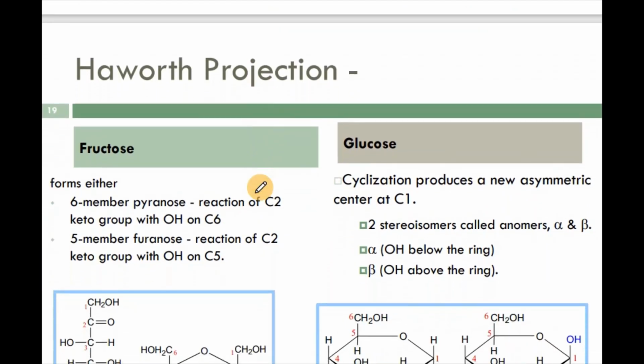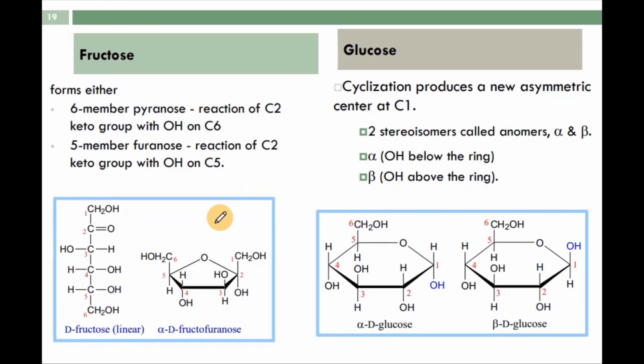So let's have an example for the formation of a cyclic form of the sugar. We have a ketose with OH on carbon 6. With this one, the reaction is between carbon 2 and the OH on carbon 5 seen here. For us to form a cyclic form of this sugar, this fructose, the reaction is between this ketone and this OH, so between carbon 2 and carbon 5.